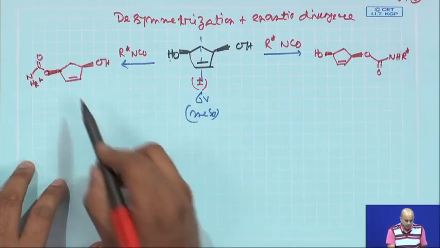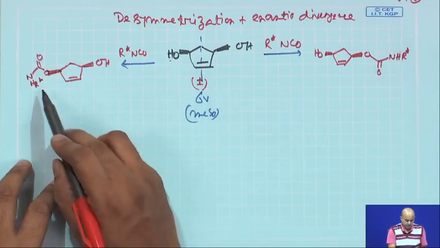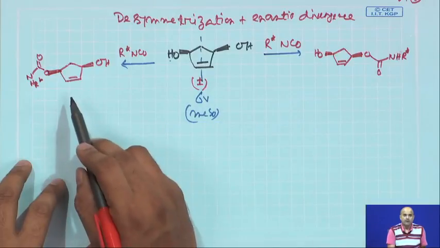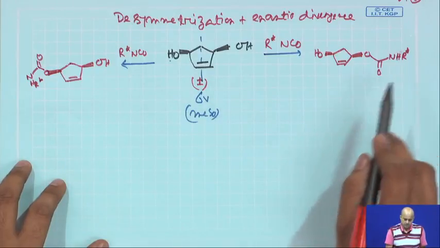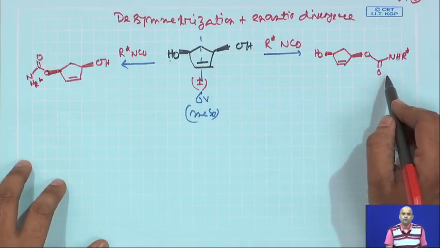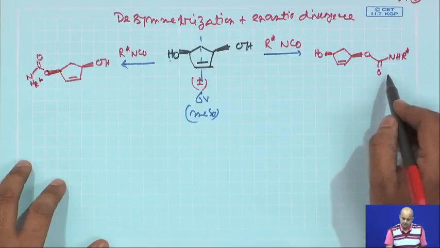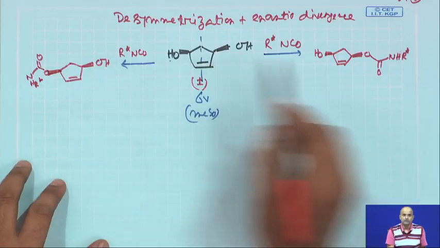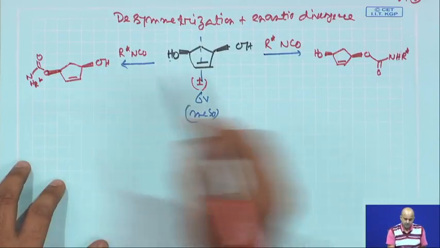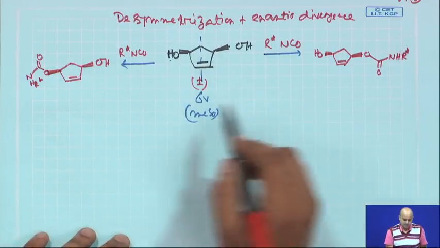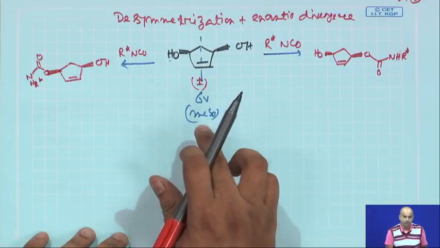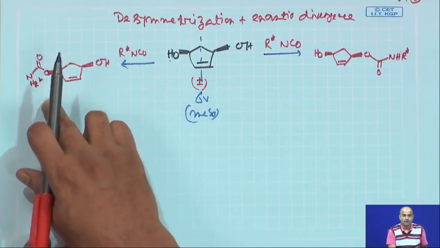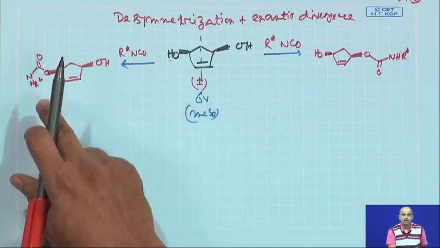Now, if you analyze, this is the unique desymmetrization reaction, because these compounds are now diastereomers, because you put a chiral center R here. So these are no longer enantiomers. The initial enantiomers or the meso compounds are now converted to the corresponding diastereomers.